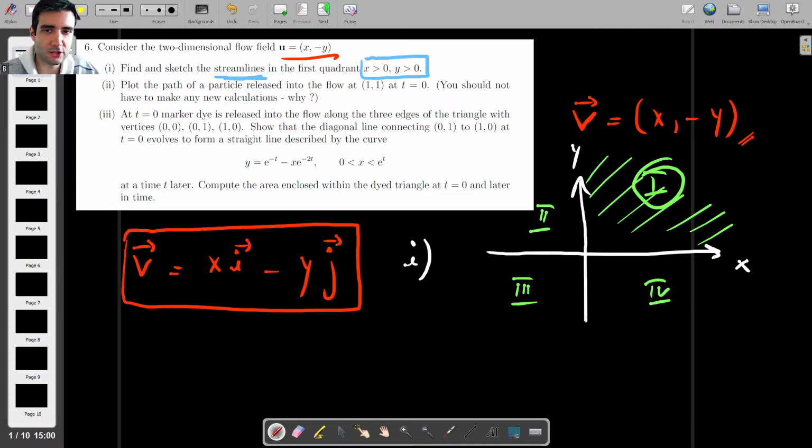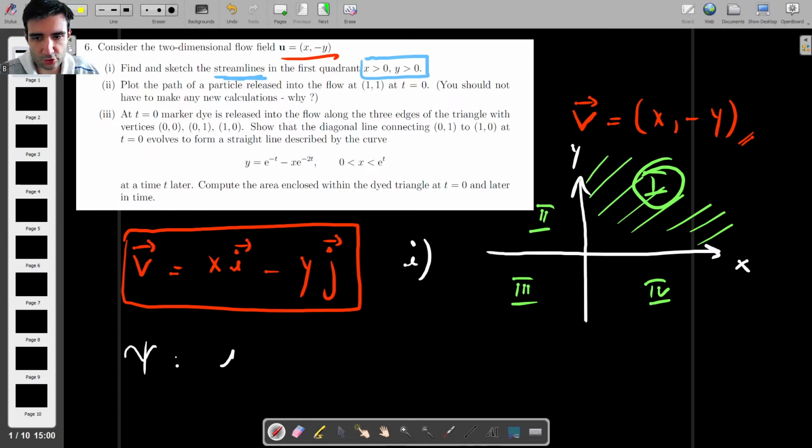So let's actually use this idea of the stream function, okay? So we know that in Cartesian coordinates, the stream function, the psi stream function, is given to us as follows.